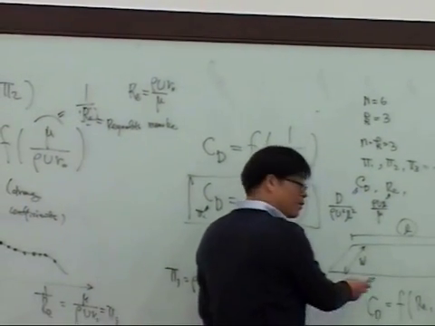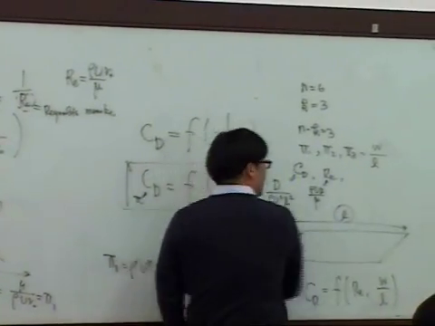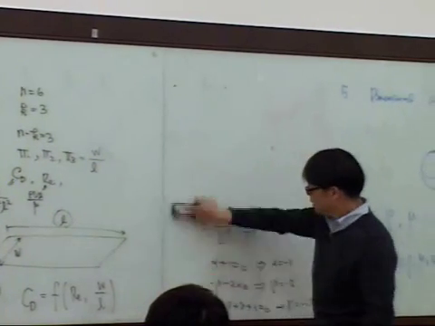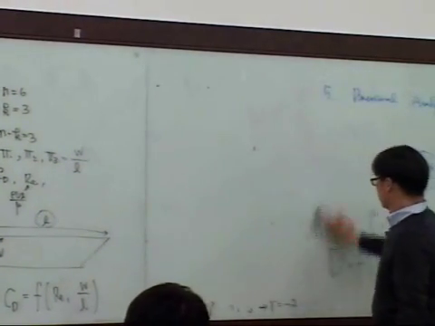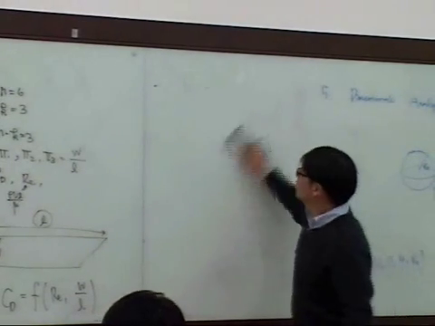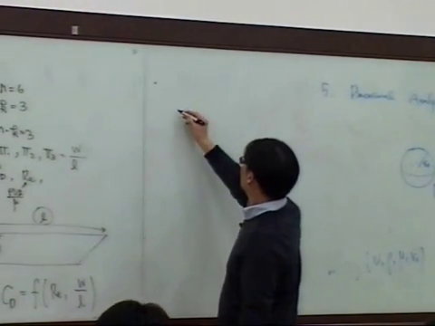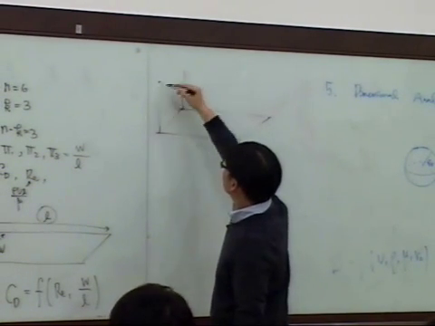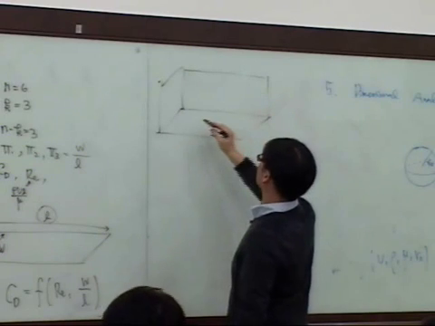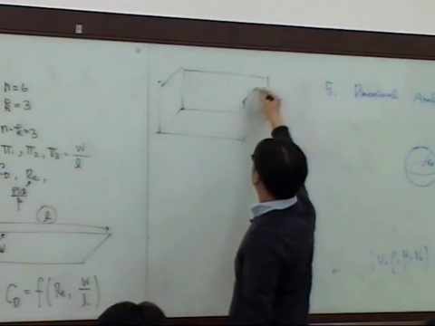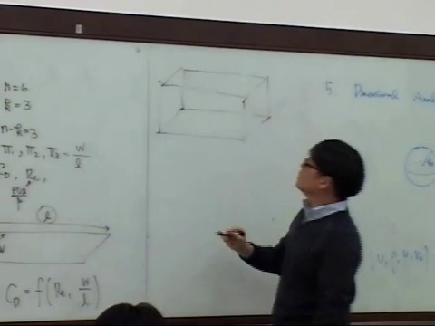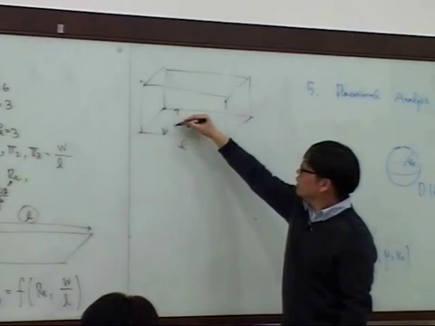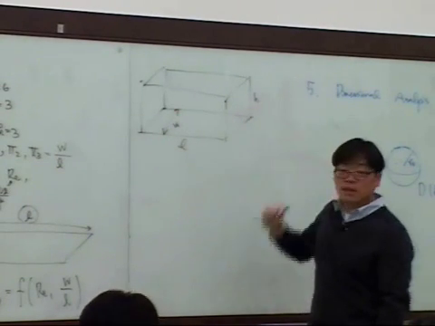Again, instead of a flat plate, I can make the problem more complicated. Instead of a plate, I have a box. Right? Then I have L, and I have width W, and then I have a height h.